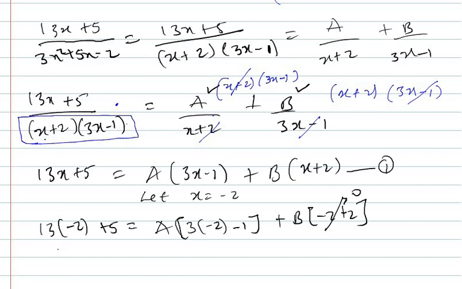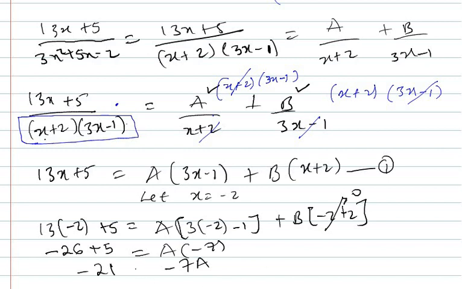Then I have 13 times minus 2, which is minus 26, plus 5, is equal to A into, here 3 times minus 2 is minus 6, then minus 1 is minus 7. So I can now say I have minus 7A here, and for here I have minus 26 plus 5, that's minus 21.